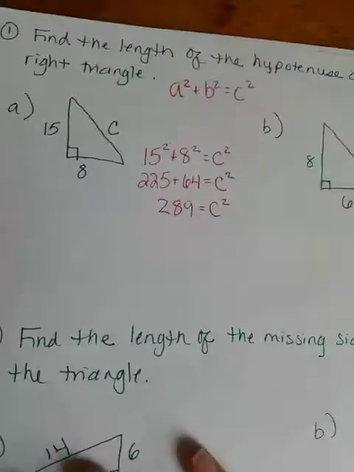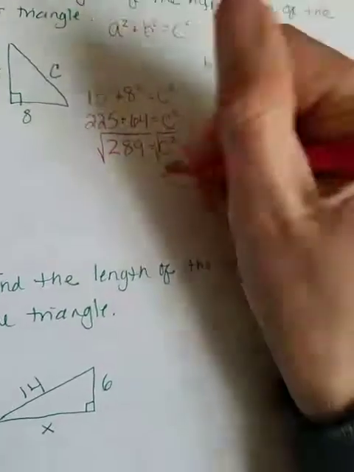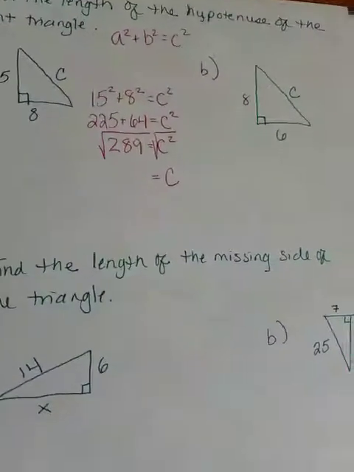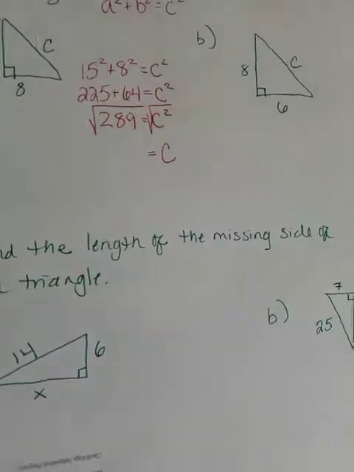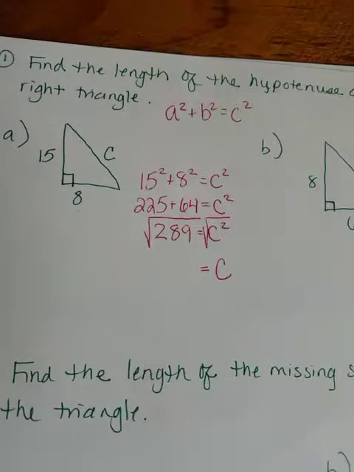Like we've been working on the past couple days, to solve this you have to take the square root of both sides. Now, when you take the square root of a number, how many answers do you get? You get 2 answers, plus and minus.